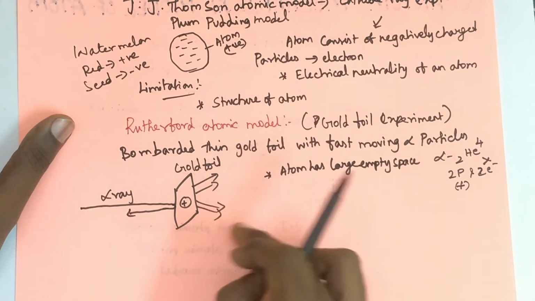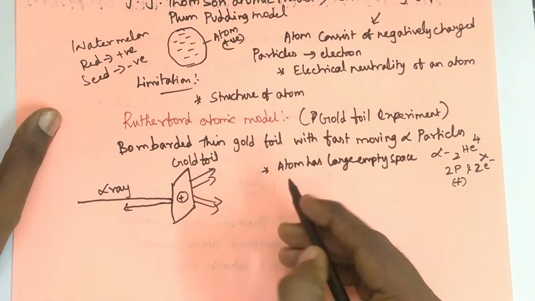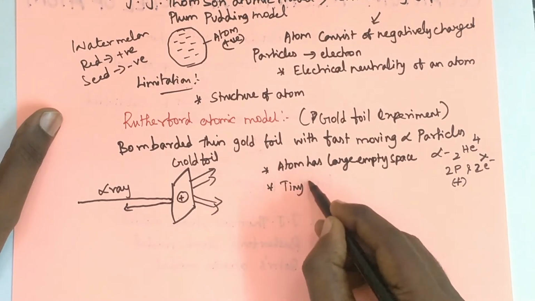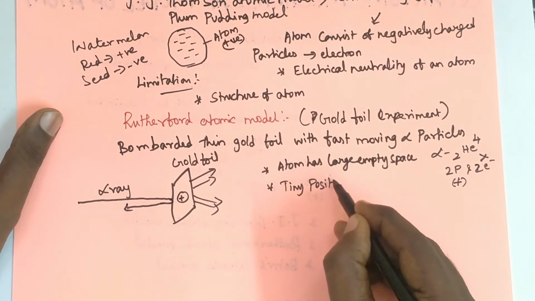That is why most of the alpha particles pass through the foil. Second, there is a tiny positive charge, because of the bounce back.